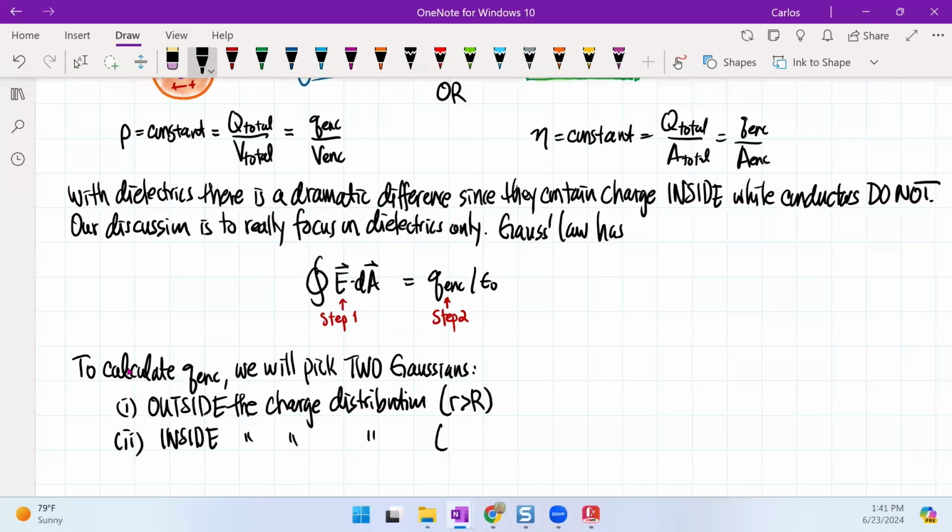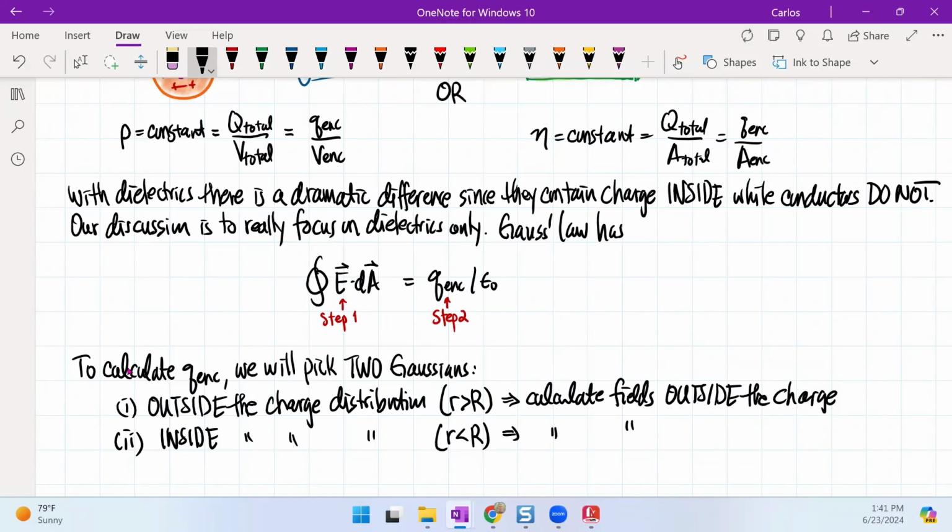So in this case, by the way, I should have said this is to calculate fields outside the charge. In this case, we have the opposite situation. We're going to calculate fields inside the charge distribution. So those are the two cases that we really want to pay attention to.